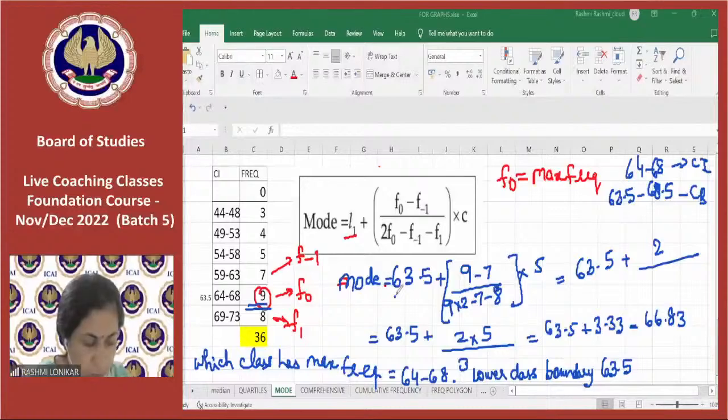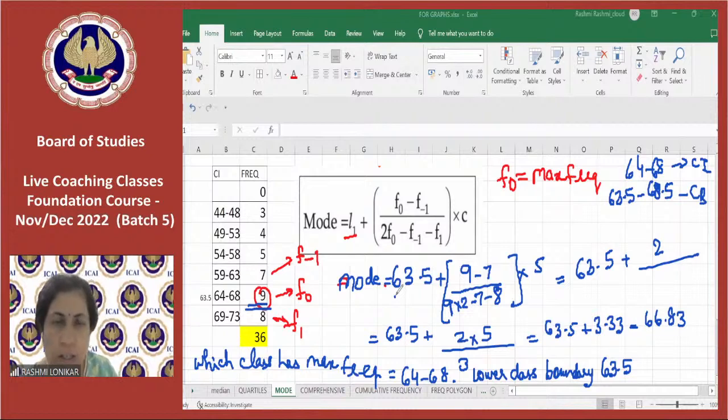Bhargavi, F0 is highest in the frequency column. Maximum number in the frequency column you have to take. In that case, Shanmugam, you will calculate twice. First take one, then find that mode, take another and find that mode.